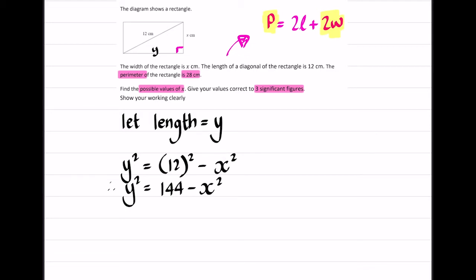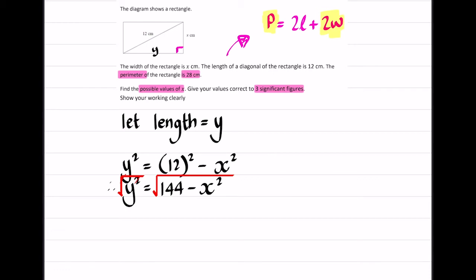But in order to use this as a simultaneous equation, I would need to get the y by itself. In order to do that, I would need to square root the y squared so that the square root cancels with the square. However, on the right-hand side, I have a binomial, which means that I need to square root the entire binomial. Now, when you square root a binomial with a plus or minus in between, you can't say that this is 12 minus x.